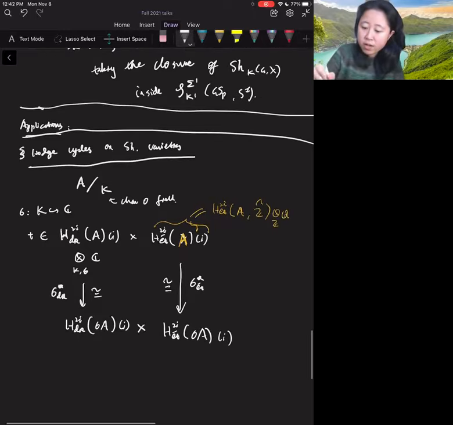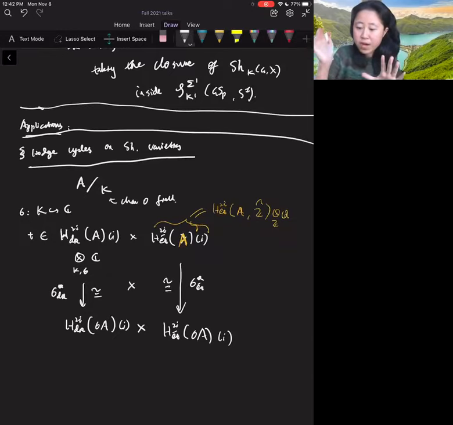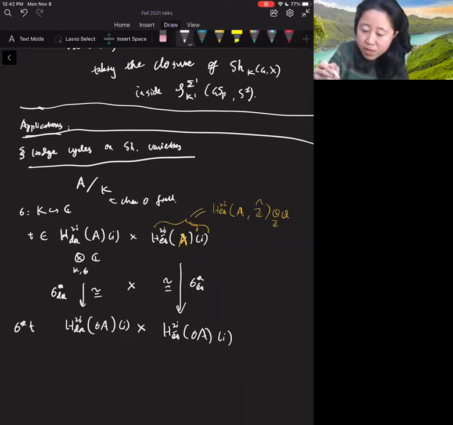And then you take the product. So we take the product of these two maps, sigma de Rham star and sigma étale star. And the product we denote just by sigma star, and we can look at the image of this cohomology class T inside this space here.